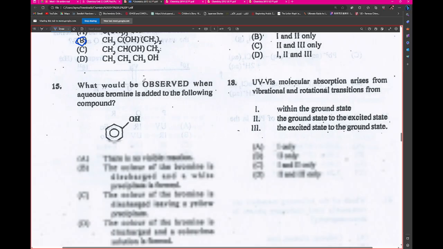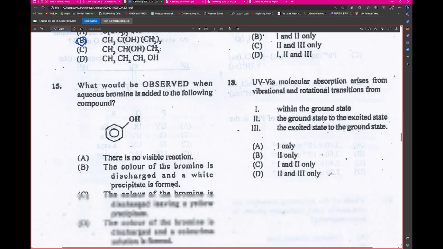What would be observed when aqueous bromine is added to the following compound? No? What would be?